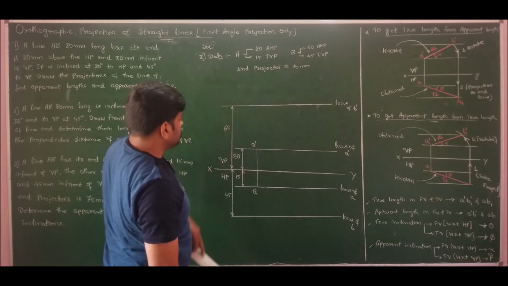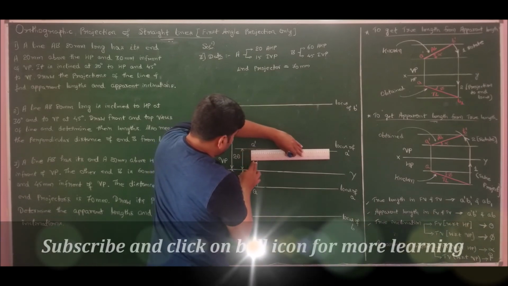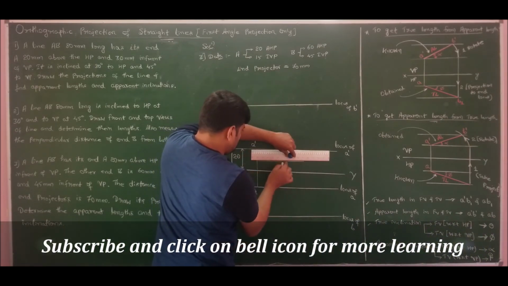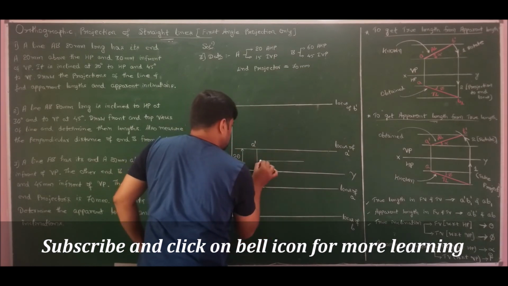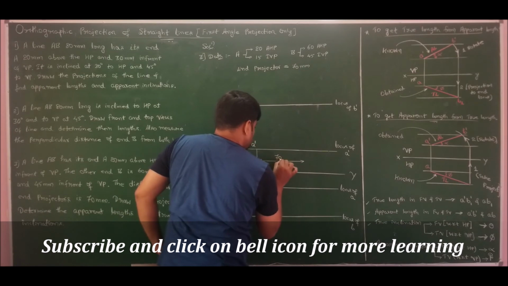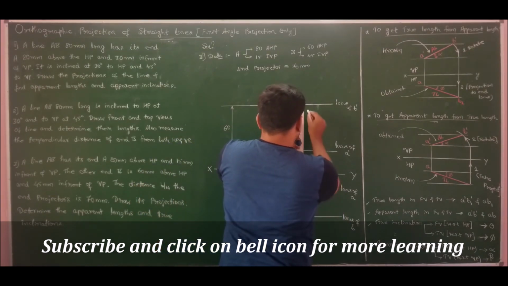Now he has given the end projector distance as 70 mm. Mark the end projector as 70 mm. I measured the end projector distance as 70 mm and drawn the end projector.